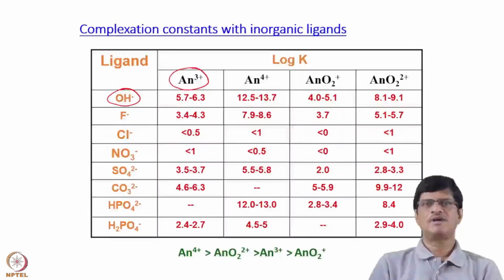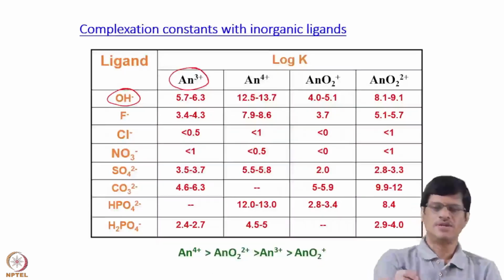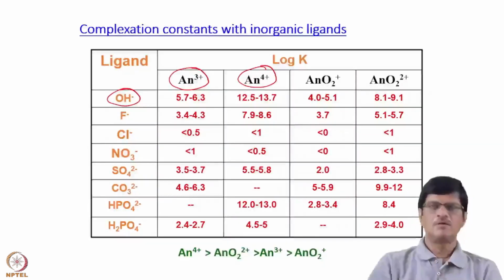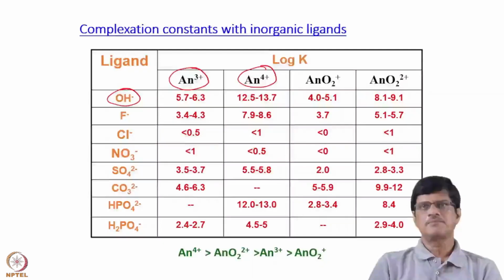Similarly, for the actinide 4+ ion, that is An4+, the complexation constants are higher for each of these complexing agents, as you can see.